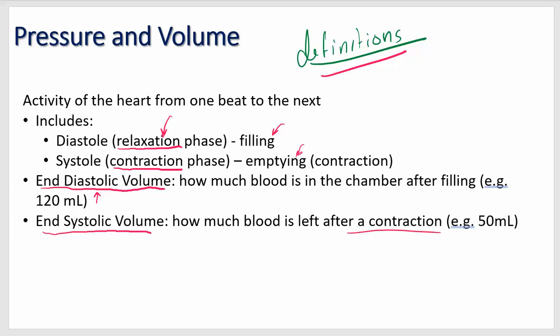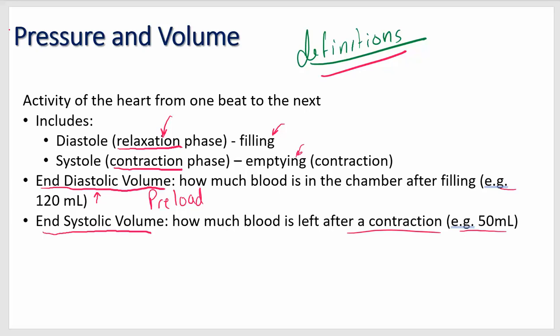Now I have, for example, 50 milliliters, and up here 120 milliliters. So end diastolic volume, we also call that preload because we're stretching out that ventricle and preloading it with blood. We're saying that's maybe about 120.